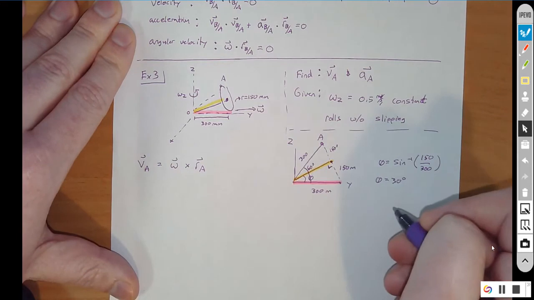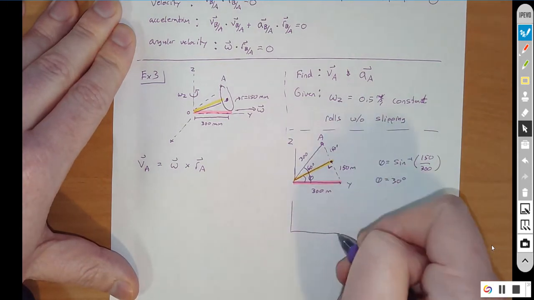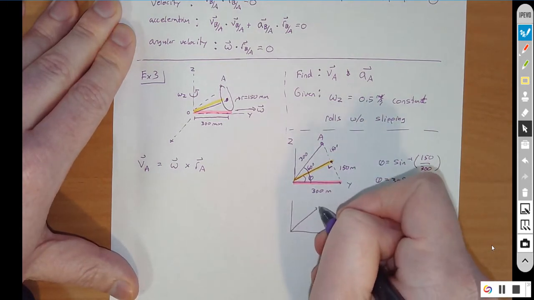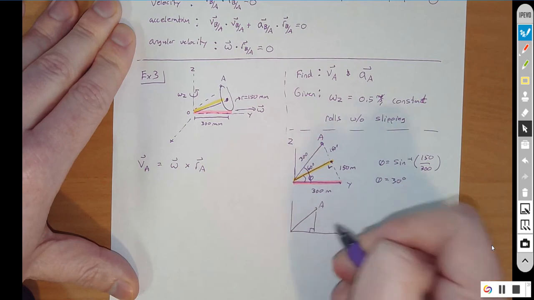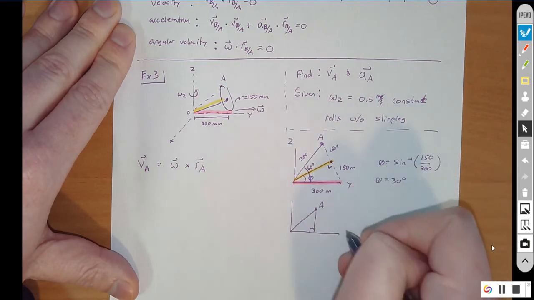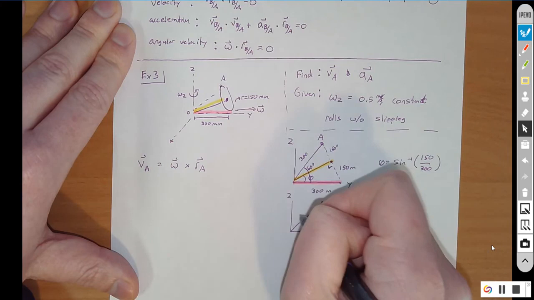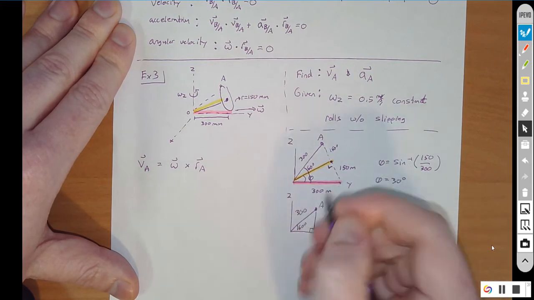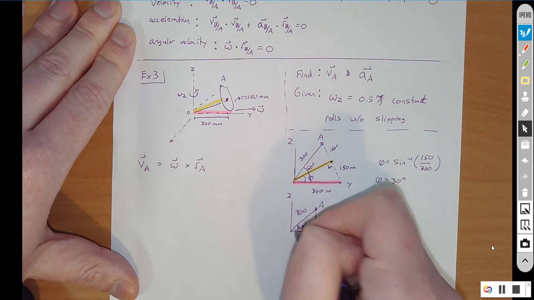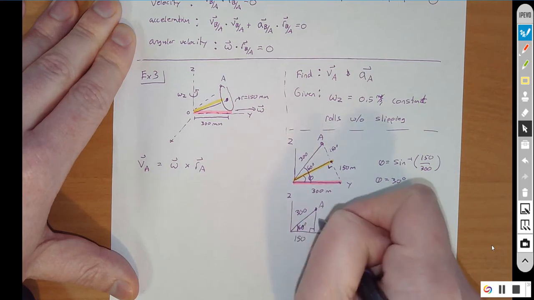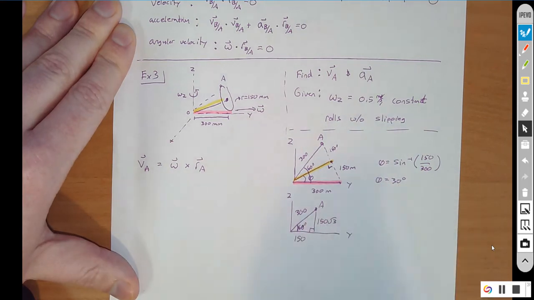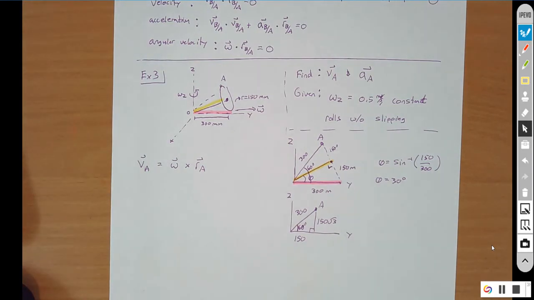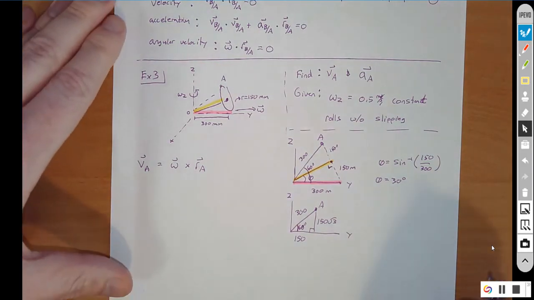So if I redraw this one time, up to point A, this time so that I can turn this into my z and y coordinates. This is 300, this is 60 degrees, which means that this is 150 and this is 150 root 3. Again, you can do your trig on that and you'll find that you have all that.